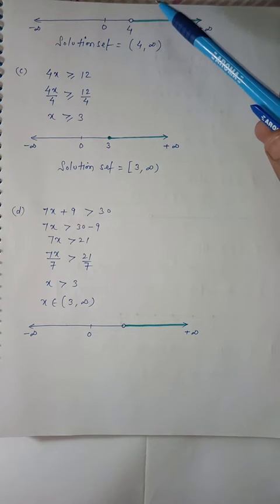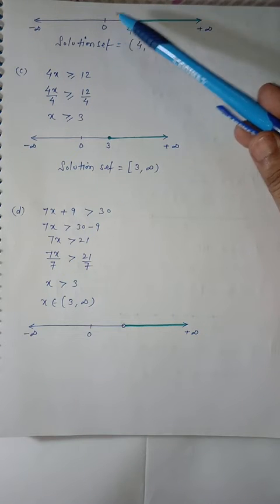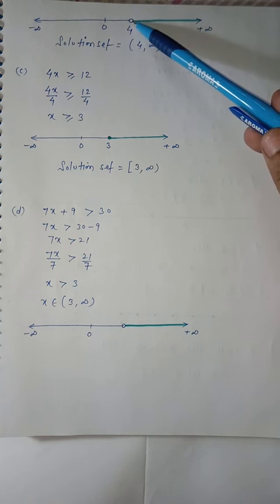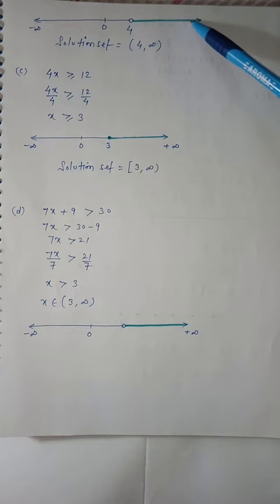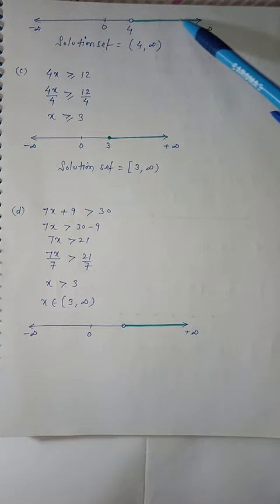Now how will we show it on the number line? See, on the number line show 0 and 4, and since the value of x is not 4, remember, always draw a hollow circle and make a thick line after 4. So you can see this green line, actually the green line is the solution.